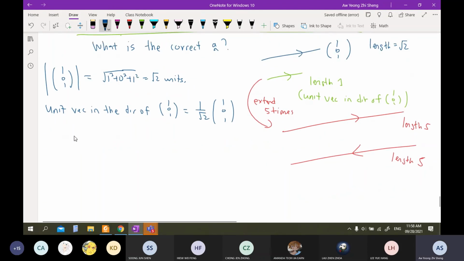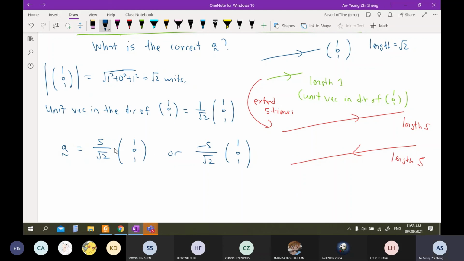Okay. Then A can be either equal to 5 over square root 2 times 1, 0, 1, or minus 5 over square root 2 times 1, 0, 1.